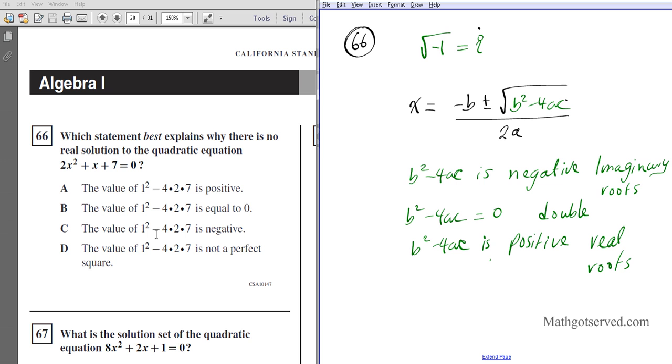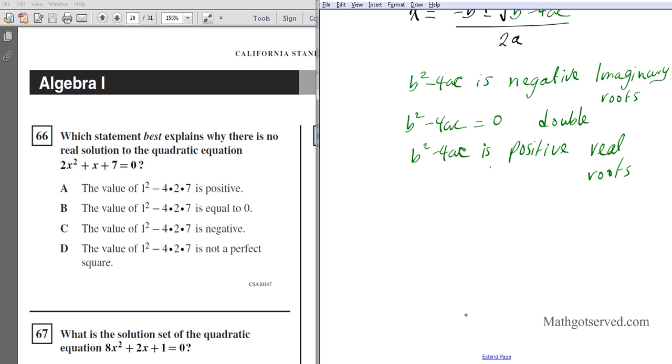Now, in this case, the discriminant is b squared minus 4 times a times c. Let me show you. 2x squared plus x plus 7 equals 0. The discriminant is b squared minus 4ac, the radicand of the quadratic formula. In this problem, b is 1, a is 2, c is 7.